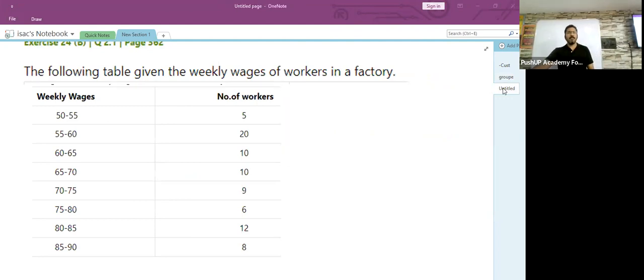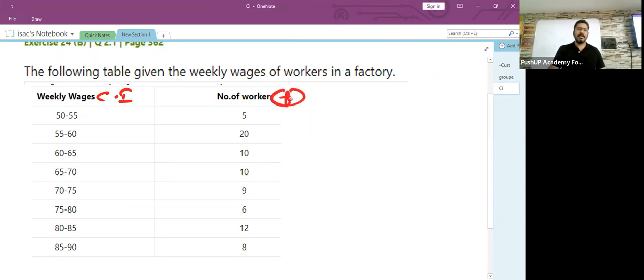The following table gives the weekly wages of workers in a factory. So I think this is the class interval and this is the corresponding frequency. Again, what is missing in grouped data? The value of X. How do we get the value of X in grouped data?